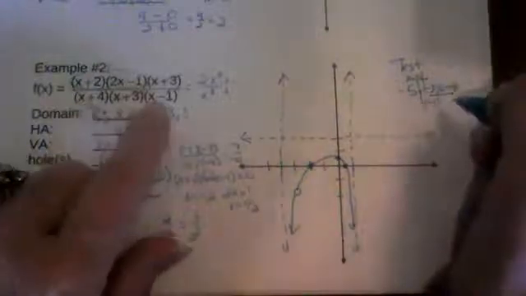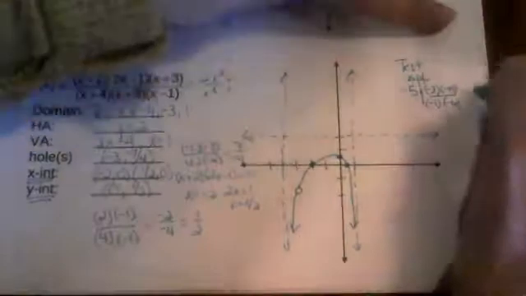If I put -5 into the reduced form, -5 plus 2 would be -3. -5 in here is -10, minus 1 is -11. -5 here would give me -1. -5 minus 1 is -6.